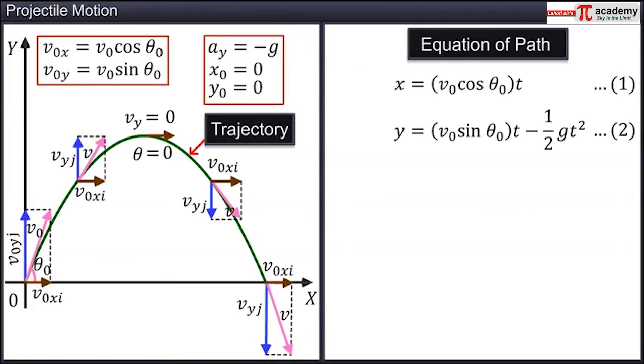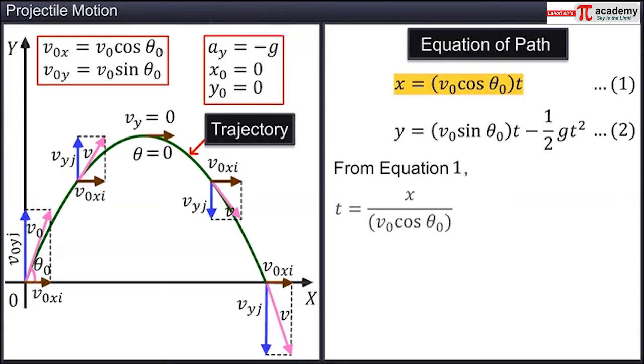Now, let's write the equation of the path for the projectile. By eliminating t from equations 1 and 2, we can get the equation for the path of the projectile. From equation 1, we can write t is equal to x divided by v0 cos θ0.